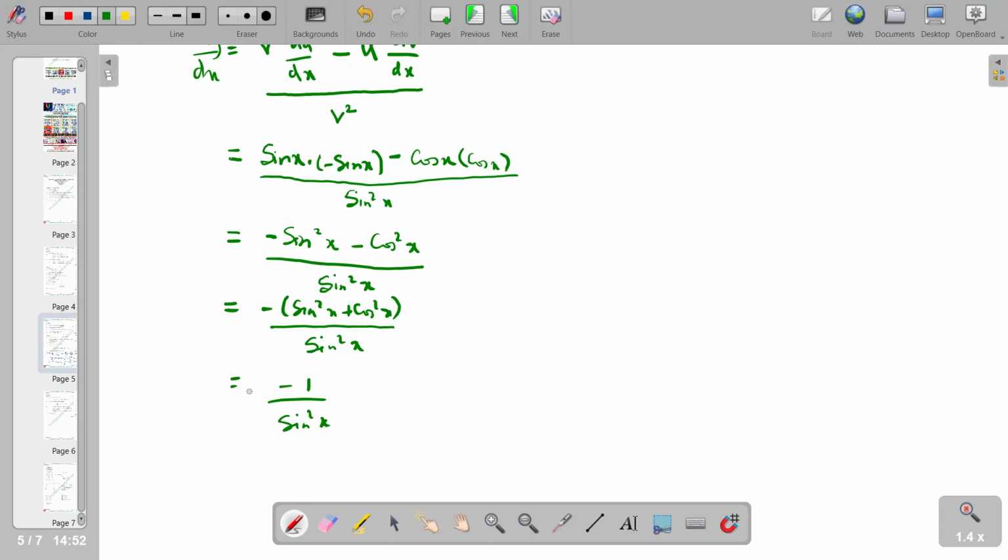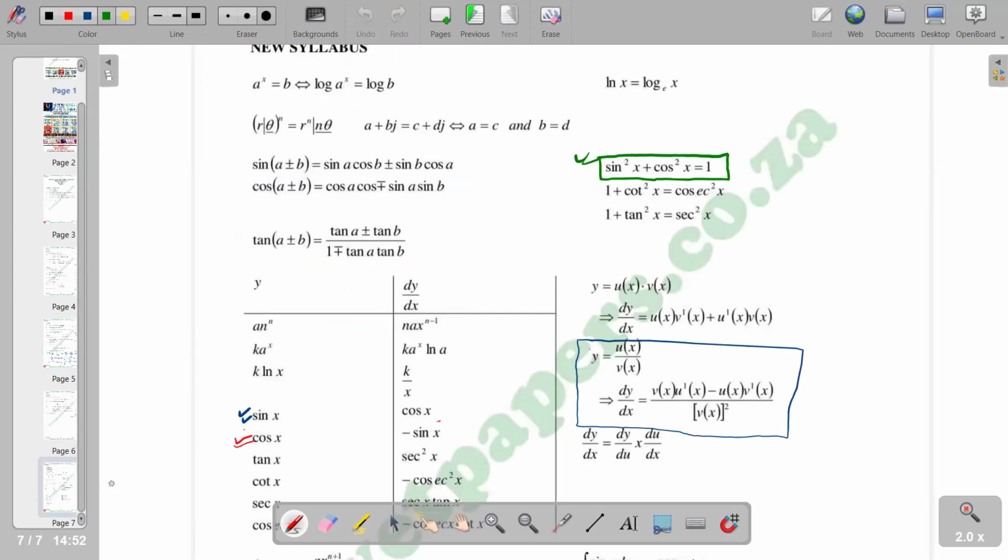But we know 1 over sine squared x, if you still remember, we have the identity which says 1 over sine x is equal to cosec x. So our final answer is going to be a negative cosec squared x. This becomes our answer. And if you check cot there, it's negative cosec squared there.